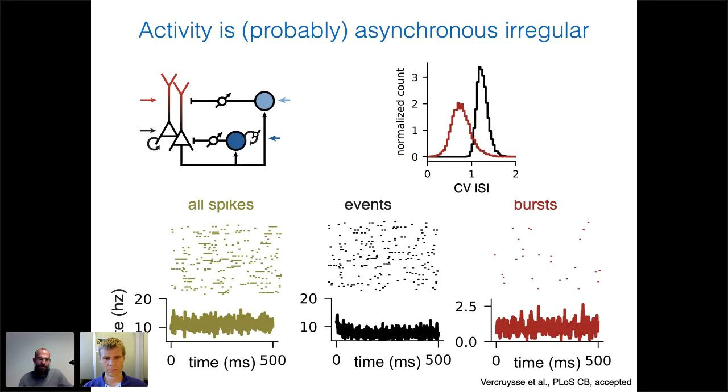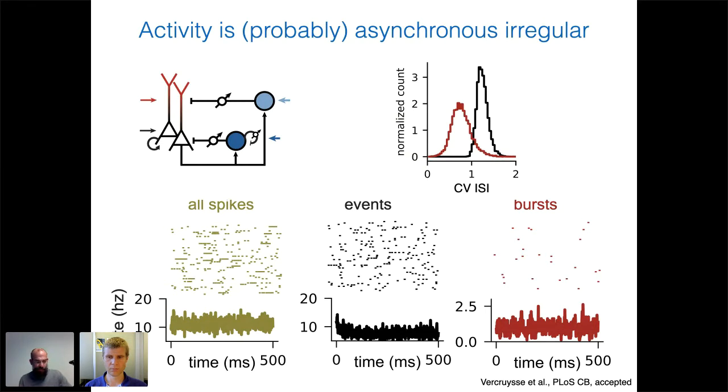And that's shown here, you see the raster plots. It is an asynchronous irregular state, and not only for spikes, but also for bursting activity in this circuit, something that you'll see is quite important in a second. And so the CV of the interspike intervals is somewhere around 1.